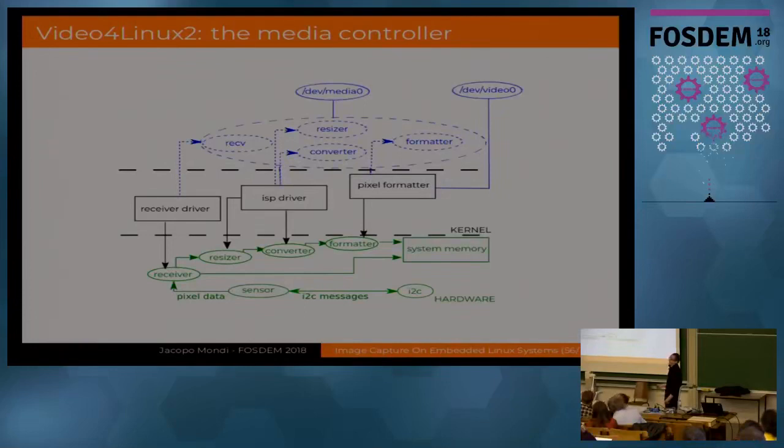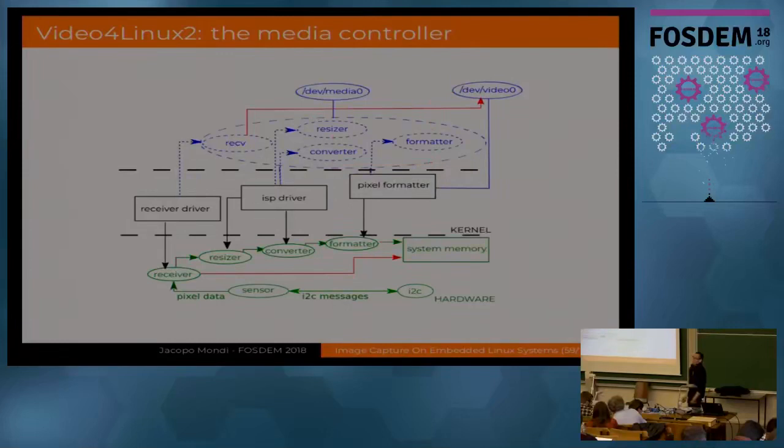Of course, that needs an abstraction for user space, and that is the abstraction provided by the Media Controller API, where each component is described by an entity, and entities can be linked in this way to realize an image transformation pipeline like this one, which applies to the hardware, setting the hardware in the proper way for performing image transformation as images are captured.